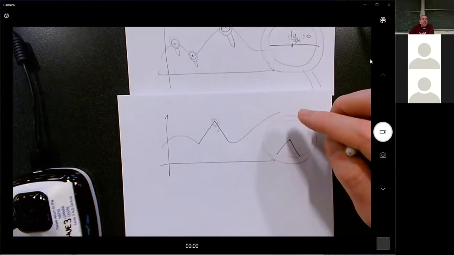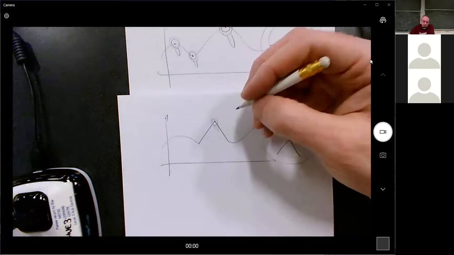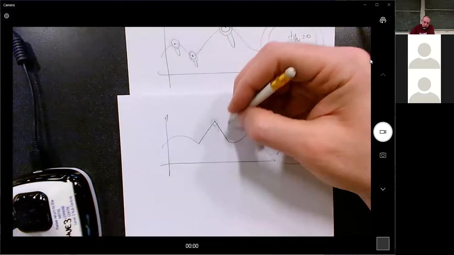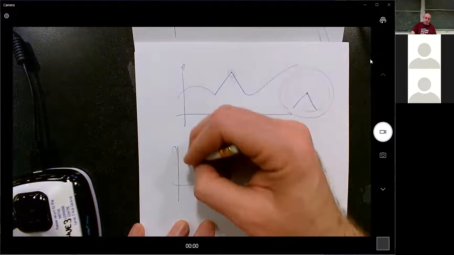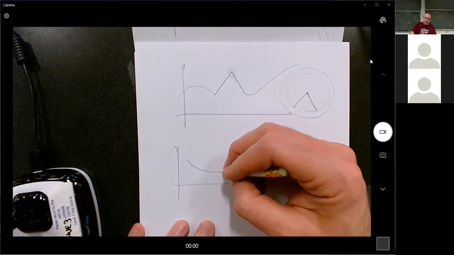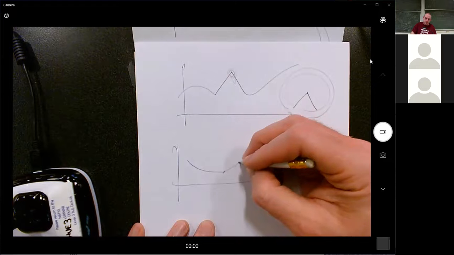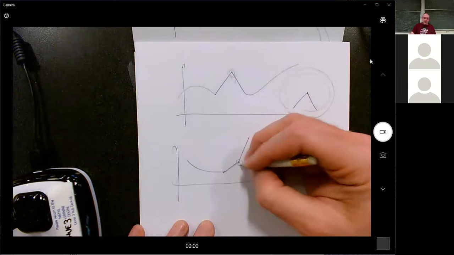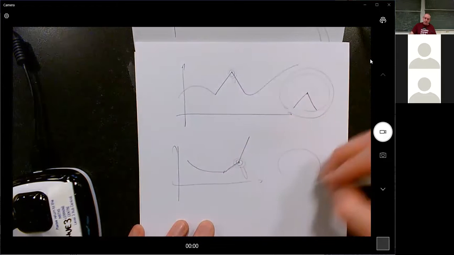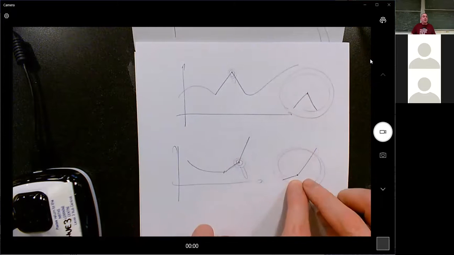And it doesn't even have to be a turning point. It could be a place like this. Like that. And when I zoom in on this, it still has a kink in it.